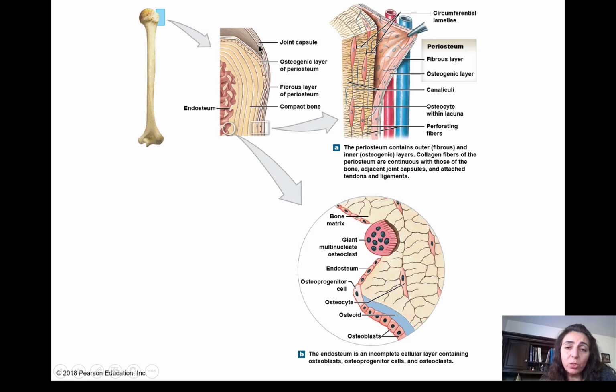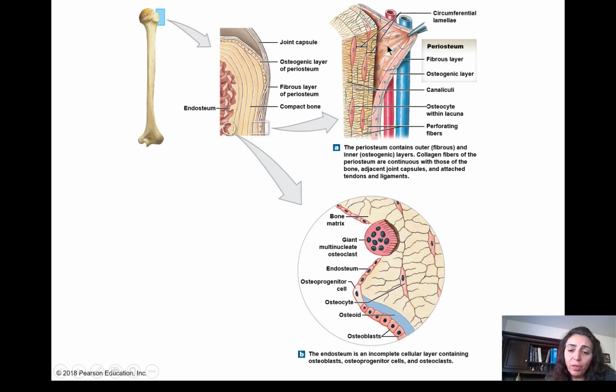So fibrous layer is outside, osteogenic layer is inside, and then on the right you have all compact bone, and then you have the spongy bone, and you see that all those are covered with the endosteum. And if you look at the periosteum at a closer look, you will see that you have a fibrous layer outside, an osteogenic layer inside, and you see all the compact bone here.